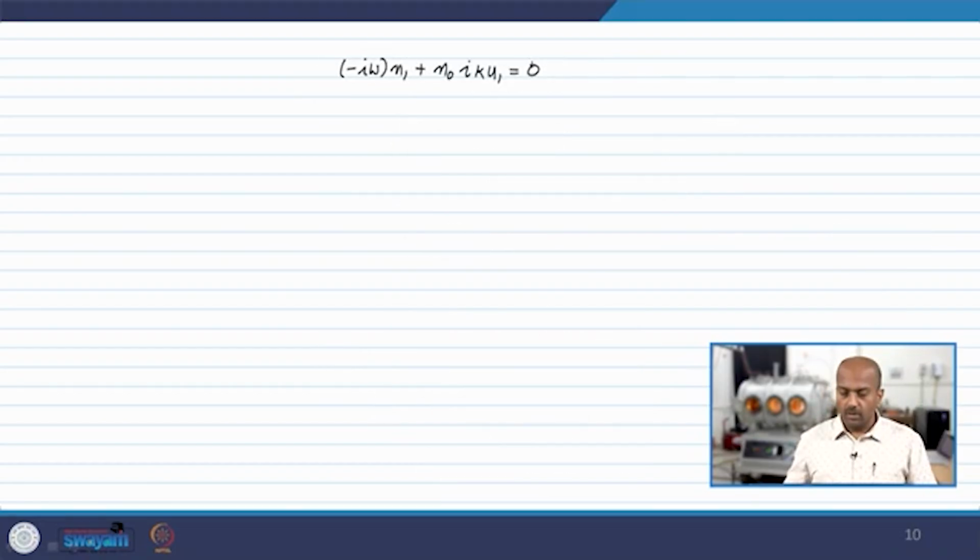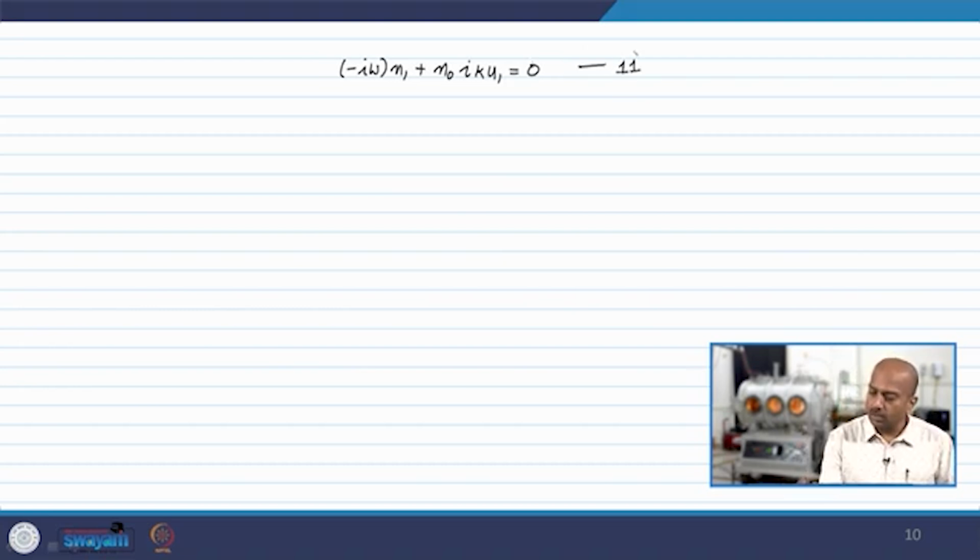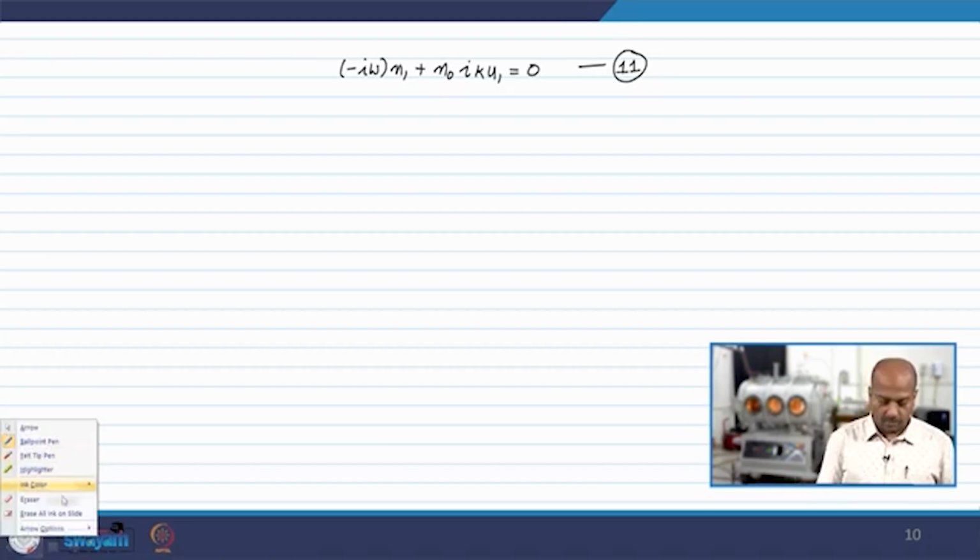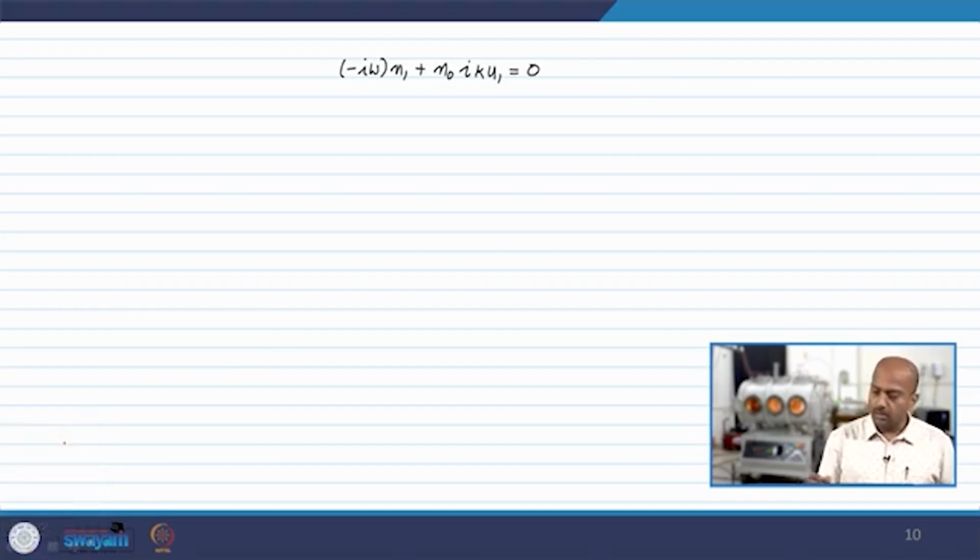We call this equation 11, or for simplicity, let us call it A. Then i k epsilon naught E1 is equal to minus e n1. This is equation B, and it results from the Poisson equation.